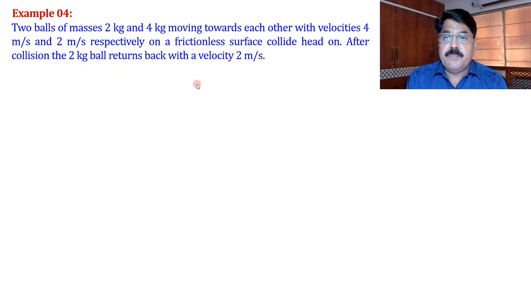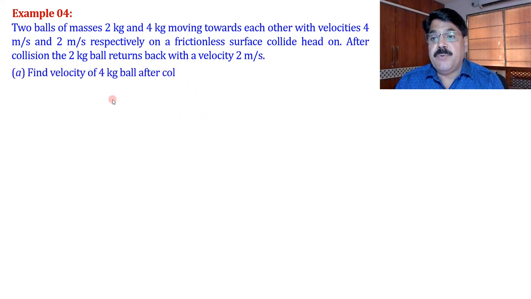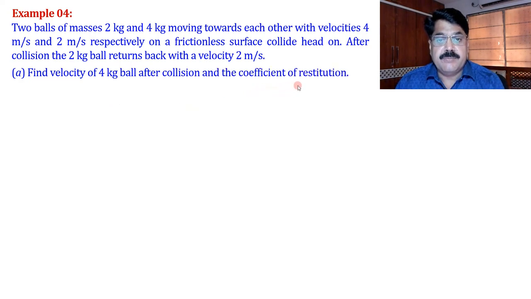So what is given? Before collision, both the velocities are given, masses are given. And after the collision, it is given that the 2 kg ball returns back with a velocity of 2 meter per second. We have to find the velocity of the 4 kg ball after collision and the coefficient of restitution.